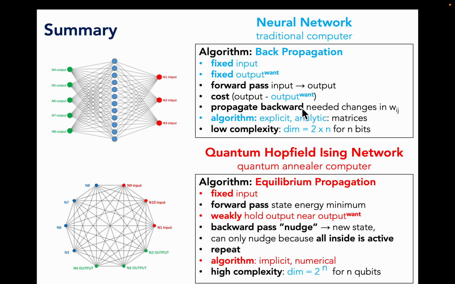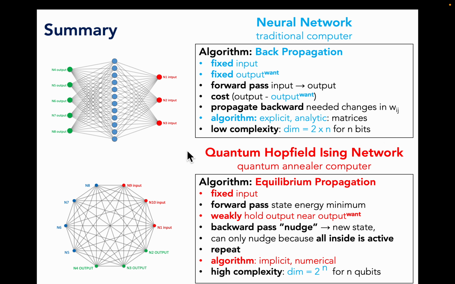Then we can propagate that difference backward to produce the needed change in the weights to get the output we want. This algorithm is explicit and analytic, usually using matrices. This whole system has relatively low complexity. That is, it has a dimension of 2 times n, where n is the number of bits.